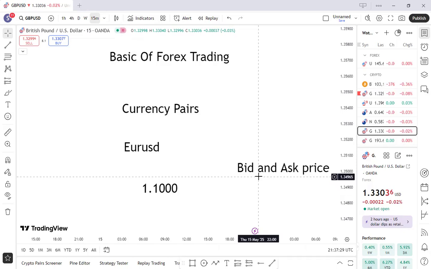A bid price is the price at which you can sell the base currency, while an ask price is the price at which you can buy the base currency.